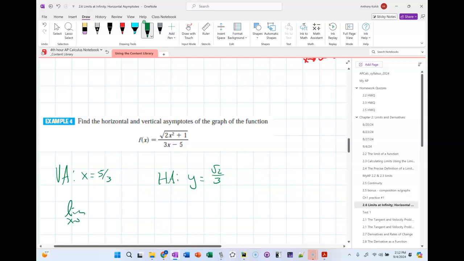So if we're taking the limit to positive infinity, does the plus 1 here really matter if x is going to infinity? Nope. So this limit's going to be the same as that, right?